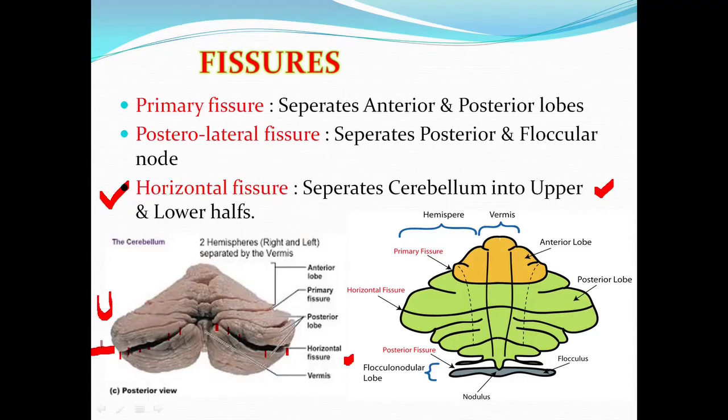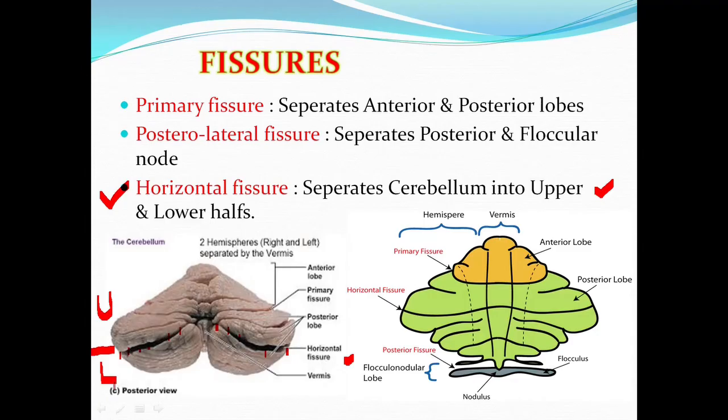Above the horizontal fissure is the upper or superior half of the cerebellum, and below the horizontal fissure is the lower or inferior half of the cerebellar hemisphere. This is the main fissure which differentiates them, and thereby it also differentiates the blood supply.